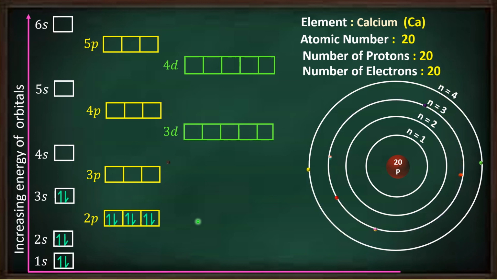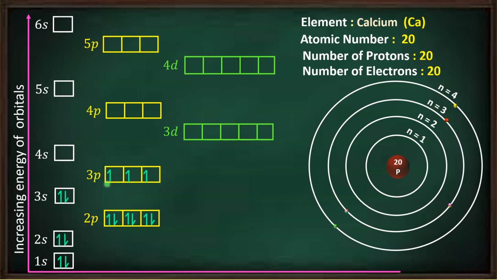13th electron enters into an empty orbital of 3p. Next, 14th electron enters into another empty orbital of 3p. Next, 15th electron enters into another empty orbital of 3p. So all the 3p orbitals are singly occupied.